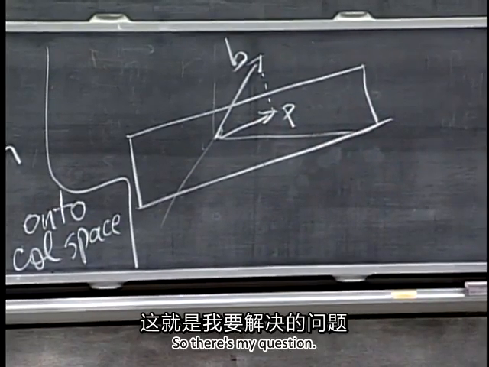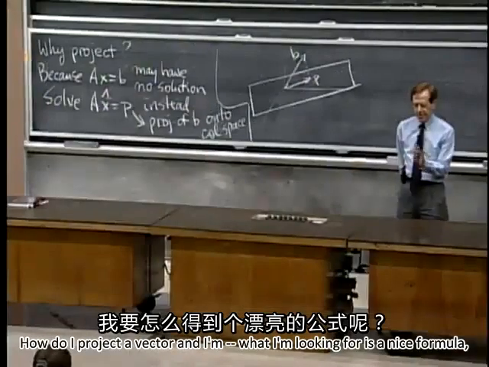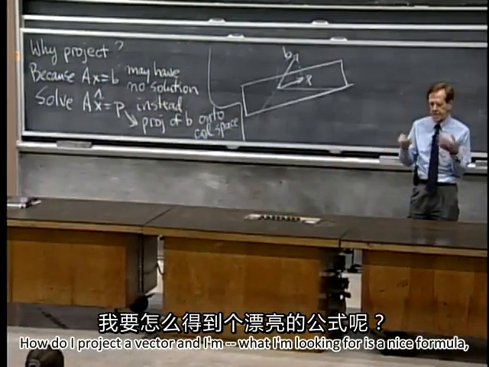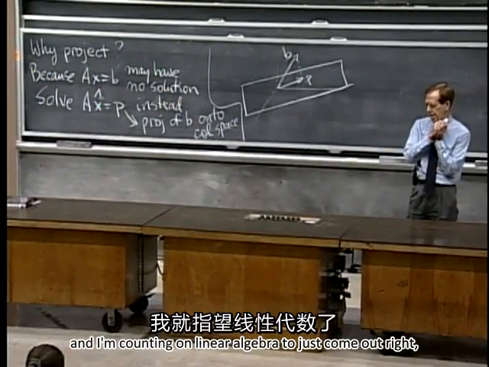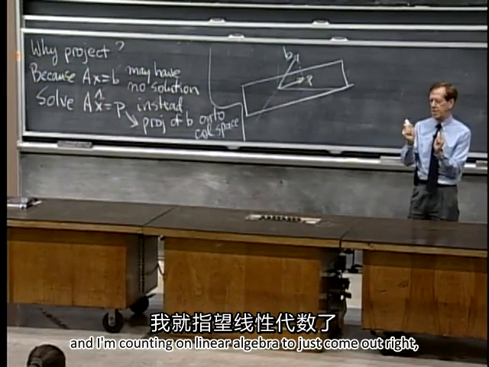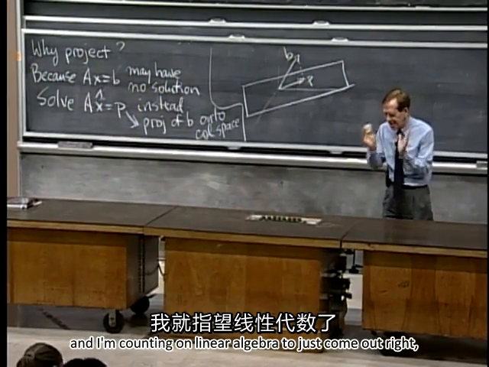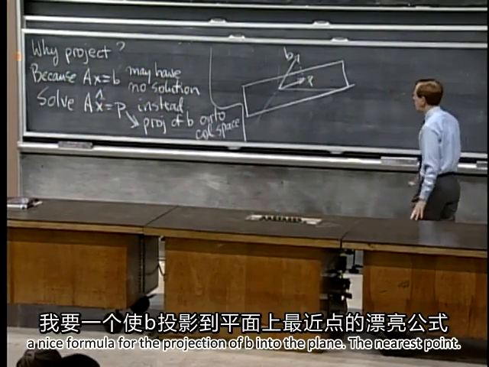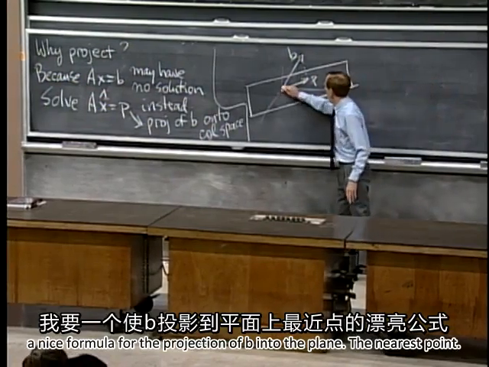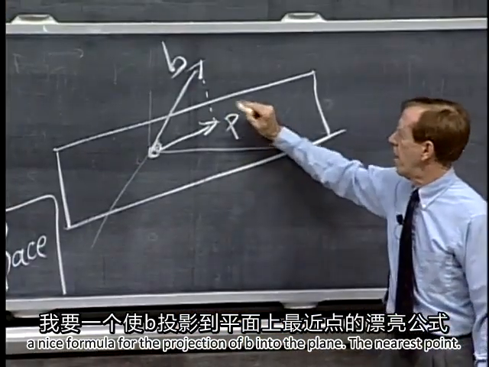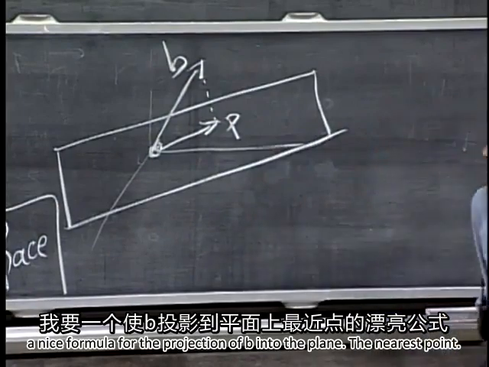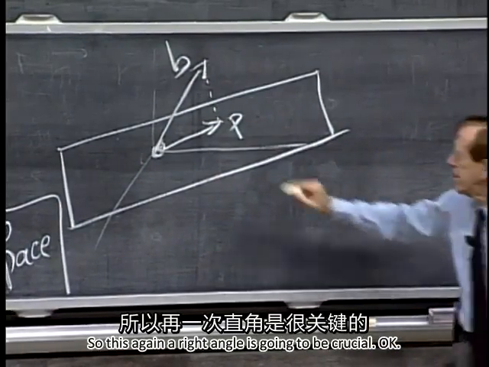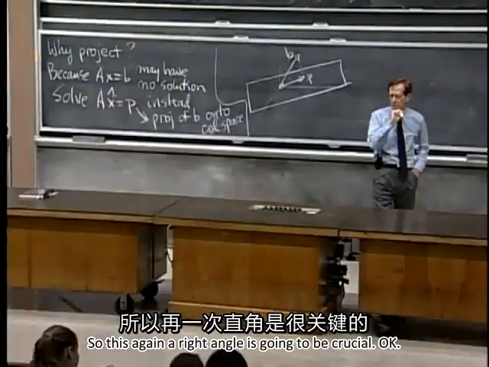So there's my question. How do I project a vector? And what I'm looking for is a nice formula. And I'm counting on linear algebra to just come out right. A nice formula for the projection of B into the plane, the nearest point. So this, again, a right angle is going to be crucial.